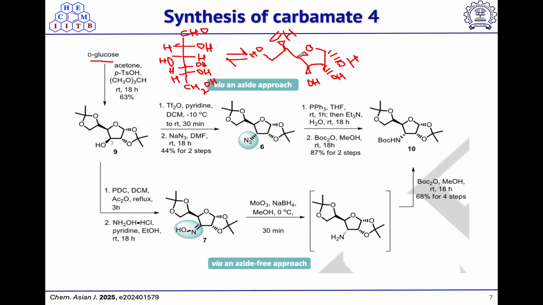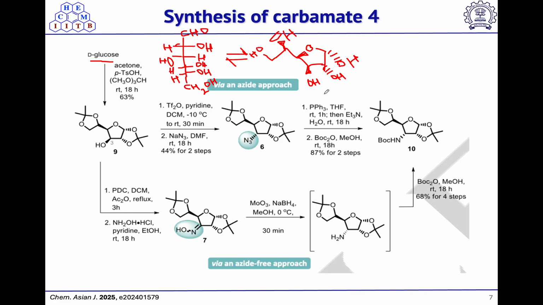So this is carbon number one, this carbon, then second carbon, third carbon, fourth carbon, fifth carbon, and sixth carbon. So this is the furan form of D-glucose.